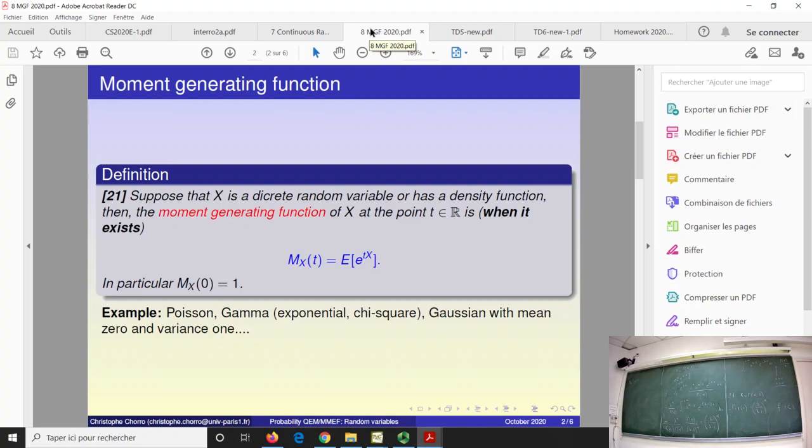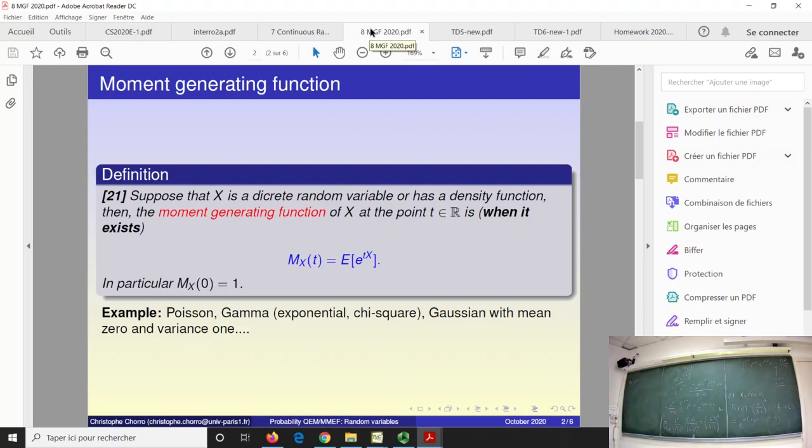If I compute the derivative of this expression, what do I obtain? How to compute the derivative of this one? It's not that classical an expression, but I can express it as an exponential of alpha times the logarithm of lambda minus the logarithm of lambda minus t.